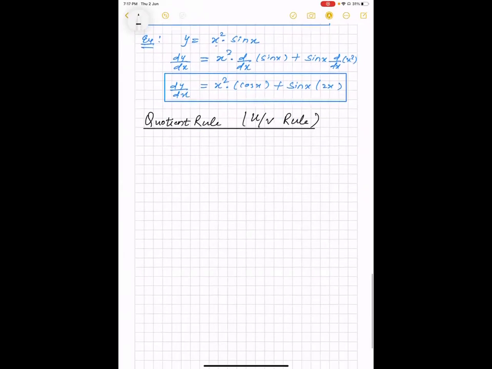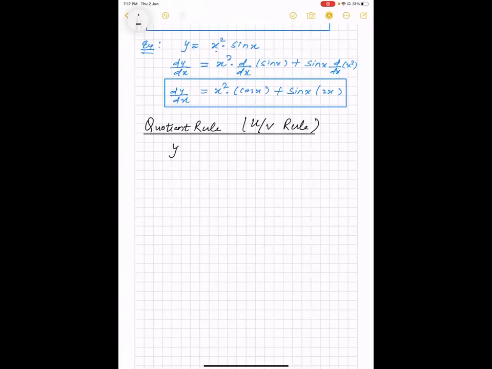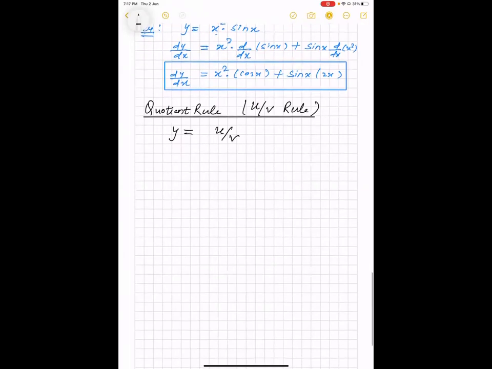So if we have y equals U over V, how do we differentiate? The formula says dy by dx is nothing but V as it is, derivative of U, minus U as it is, derivative of V, over V square.